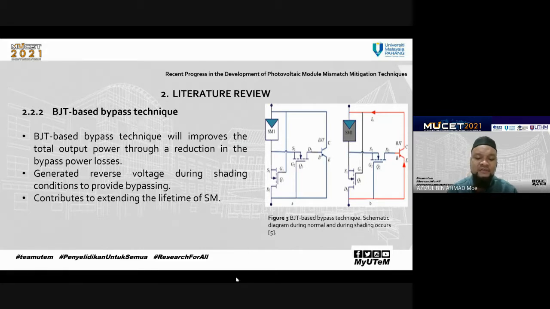The effectiveness of the technique is that it makes use of the generated reverse voltage during shading conditions to provide bypassing. Therefore, this technique contributes to extending the lifetime of the sub-module, which in turn extends the lifetime of the PV unit.